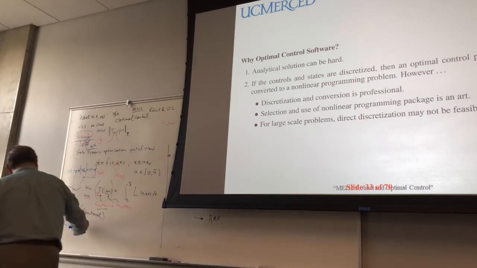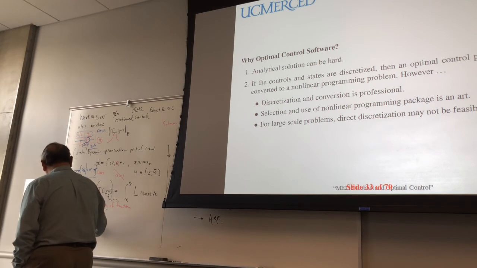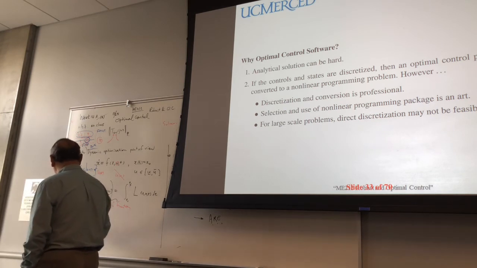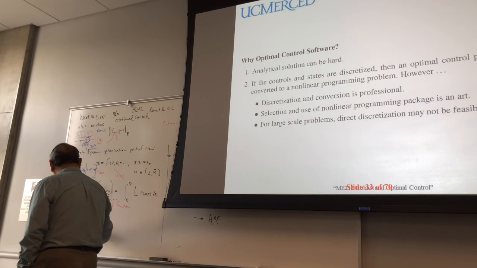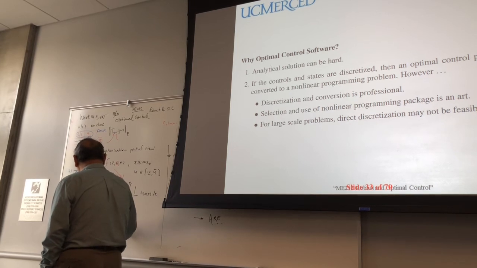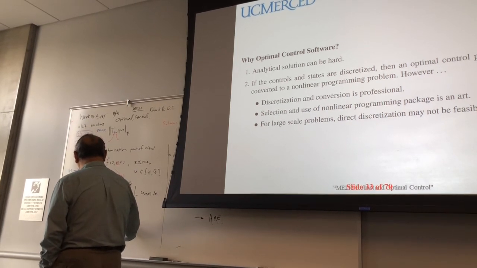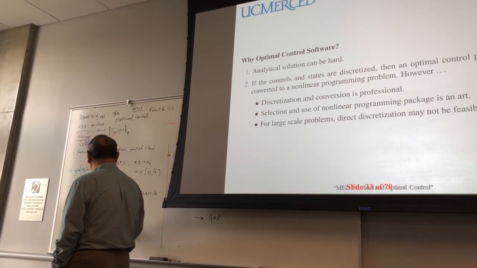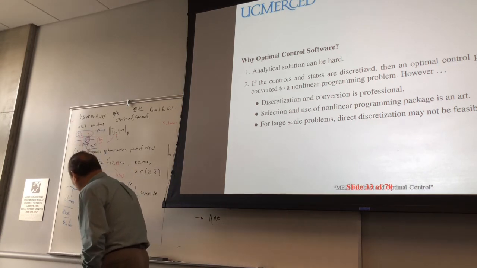Say, for example, I want to do x dot equals f(x). What they do is x_t equals x_{t-1} plus delta t, a very small step, times f(x). This is called the Euler formula.